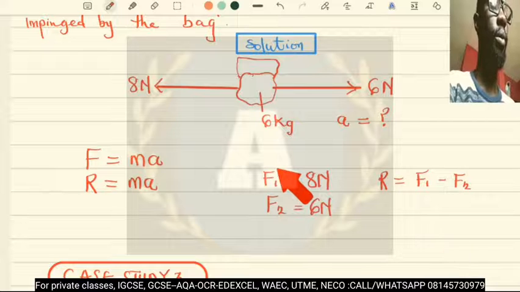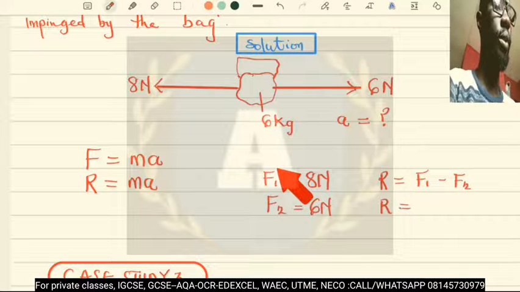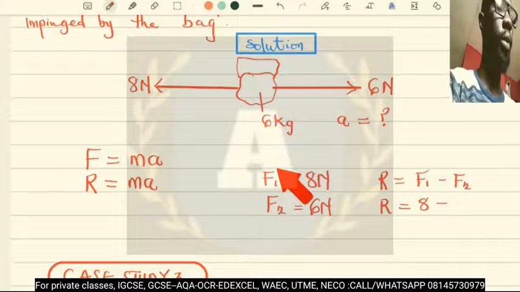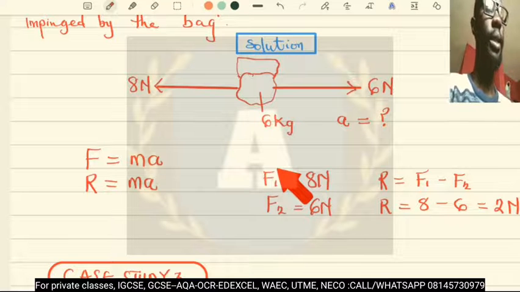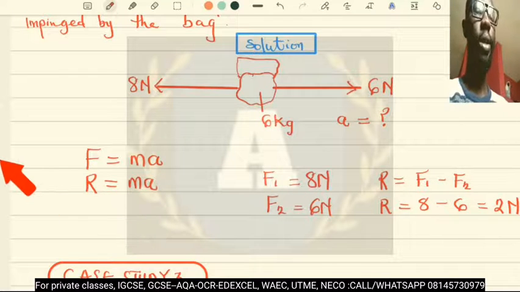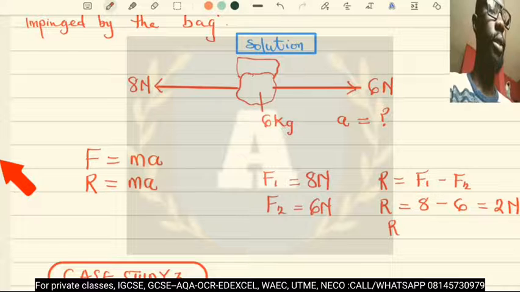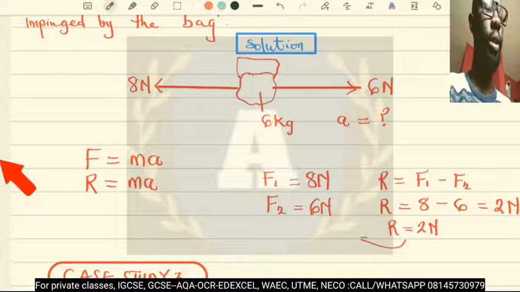So F1 is 8, and F2 is 6 Newton. Therefore 8 minus 6 is 2 Newton. That is the resultant. Then we bring it here, saying our resultant is 2 Newton, and put 2 there.